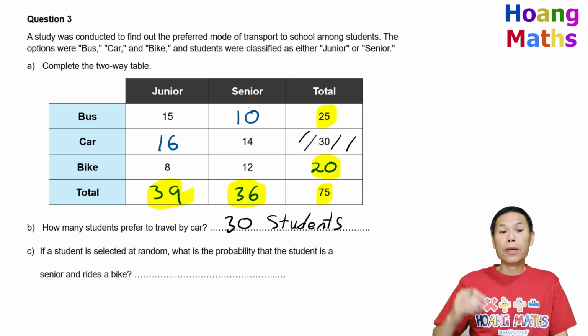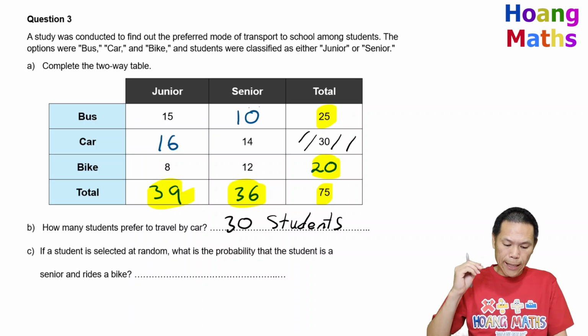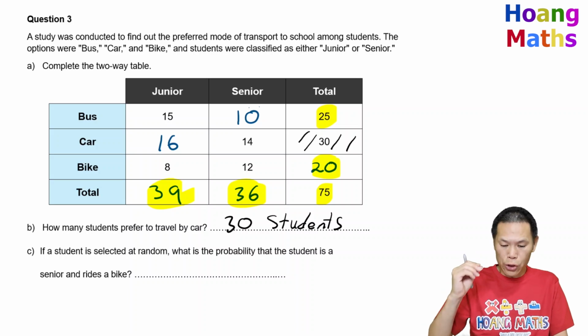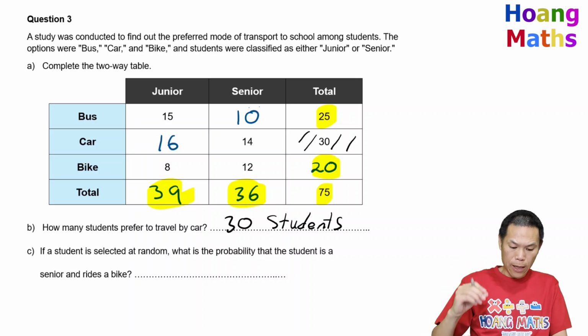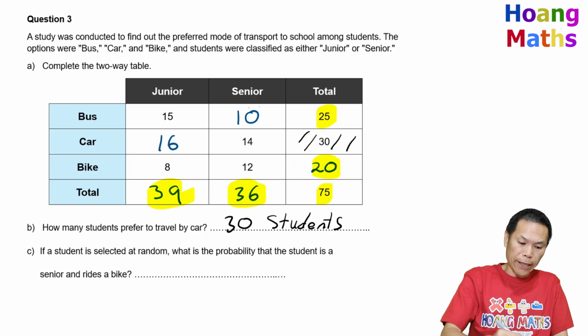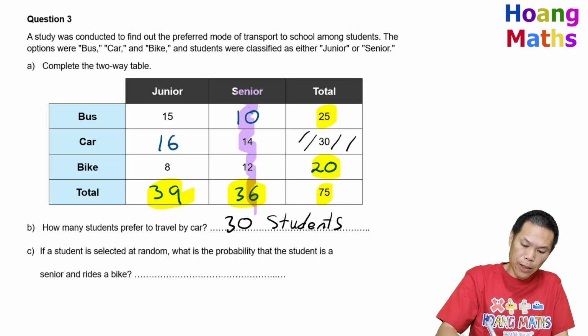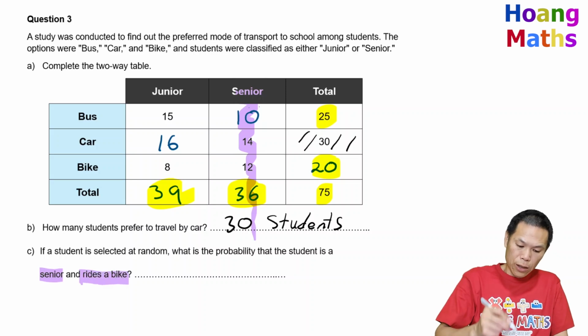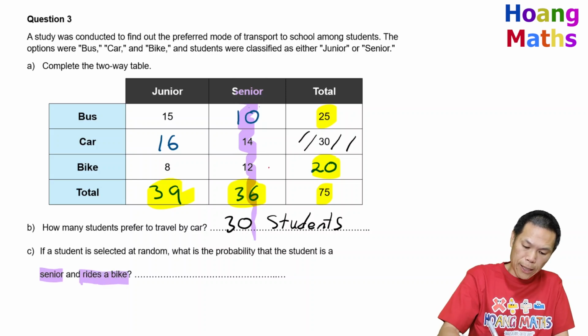Part C. If a student is selected at random, what is the probability that the student is a senior and rides a bike? So senior, okay, so we need to look at this column here. And then rides a bike. Rides a bike will be here.